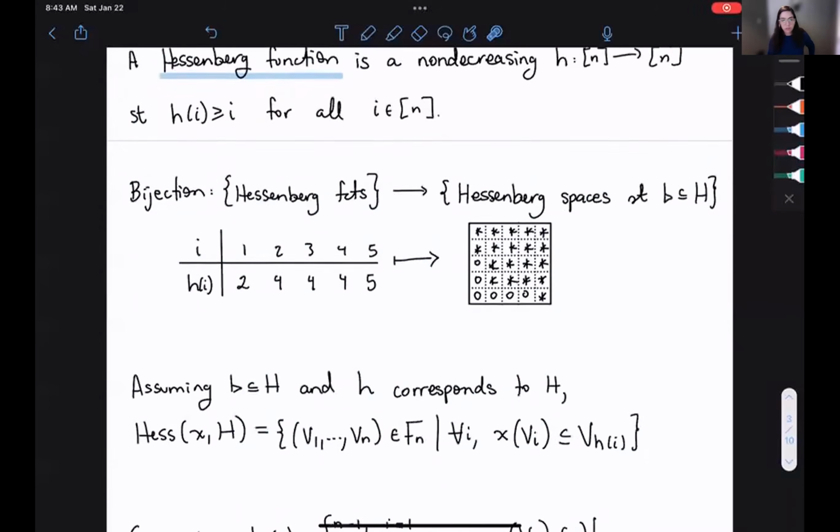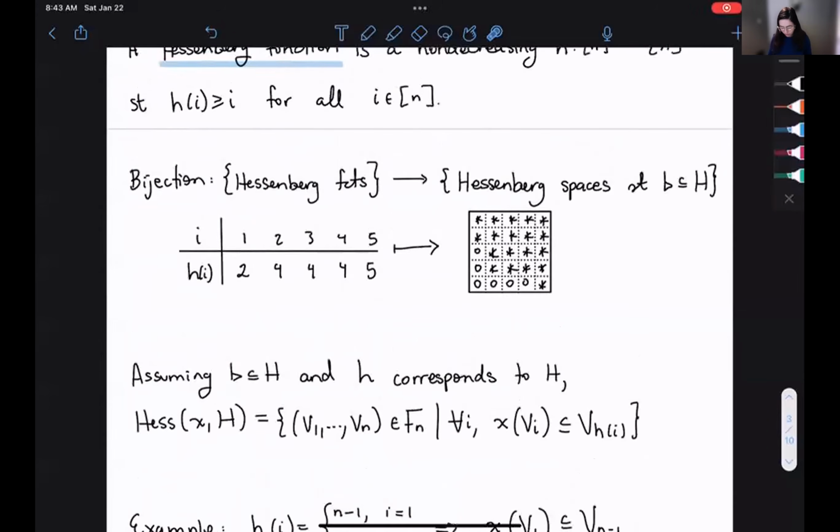Assuming that you have this condition, and let's suppose that this Hessenberg function corresponds to this Hessenberg space, then your Hessenberg variety consists of the flags such that for all i, the image under X, where X is a matrix, a linear transformation, the image under X of V_i is contained in V of h(i).